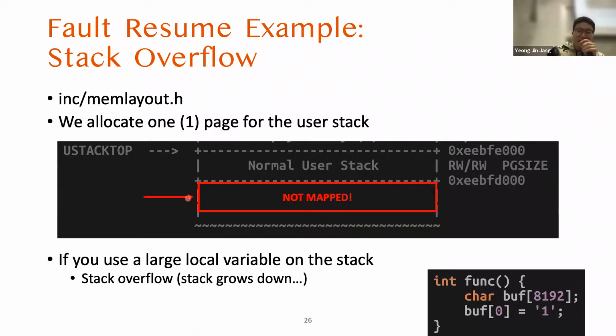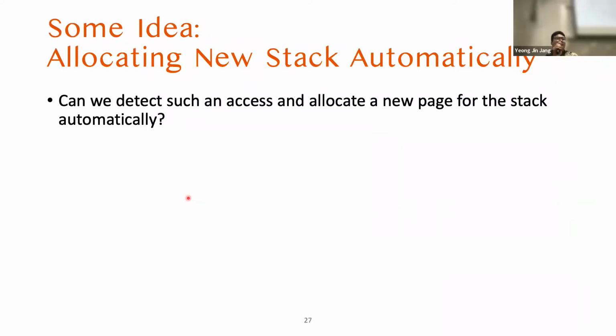Then let's think about a new idea for resolving this kind of problem. We don't know at the start how much stack the program will use. That's why we just allocate one page, so as not to waste physical memory at the start. But in some cases, applications want to use more memory, so can we automatically increase the stack size whenever the program requests it? And can we do that transparently?